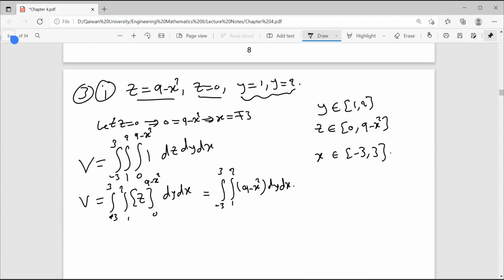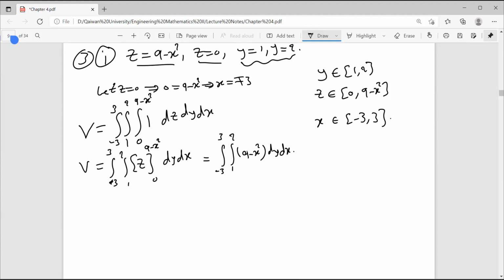Okay. Now we take another integration with respect to y. We take integration with respect to y, and we get 9y minus x squared y. It equals the integration from minus 3 to 3 of 9y minus x squared y from 1 to 2. We first replace y by 2, then we replace y by 1.